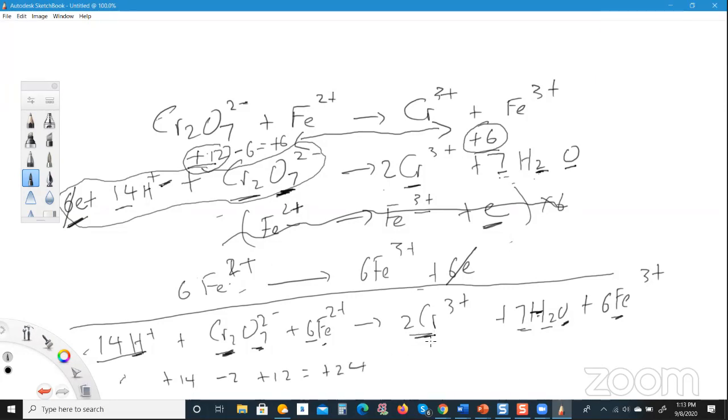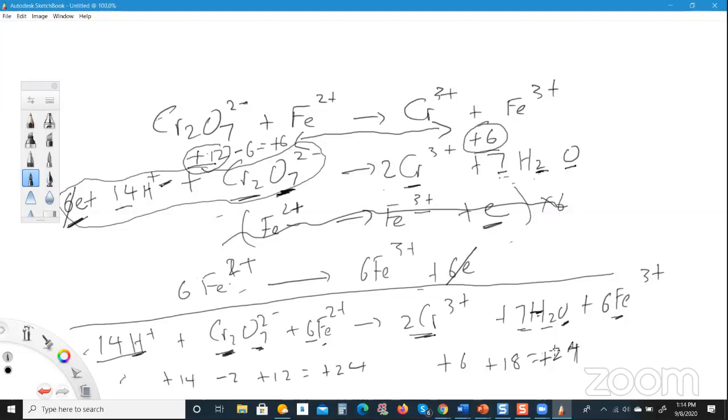And then on this side, we have plus 6, and we have 6 times plus 3, so that's plus 18. So that gives you 24, plus 24 as well. So now we know the charges are balanced and everything is balanced. So we know that the equation we got is correct.